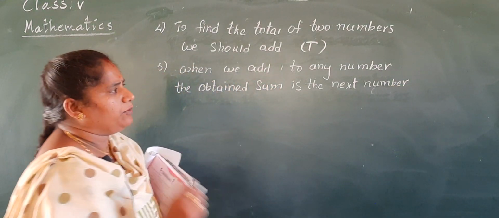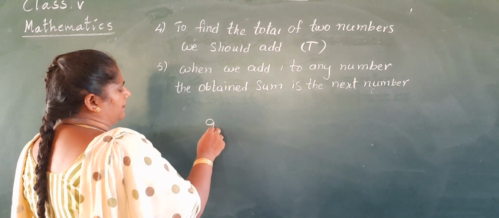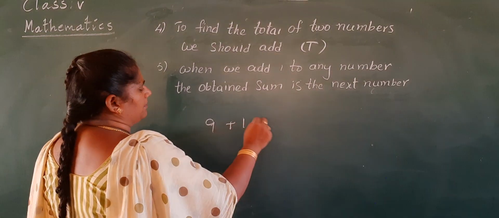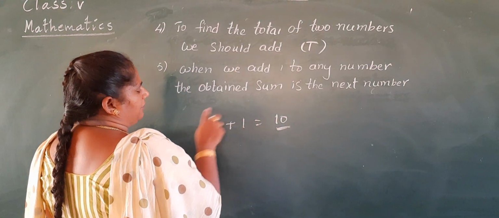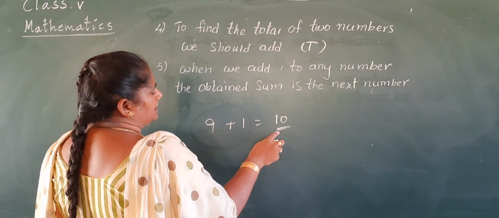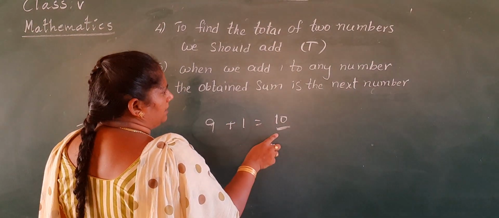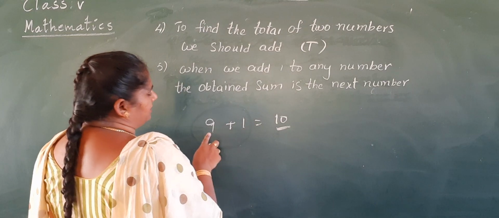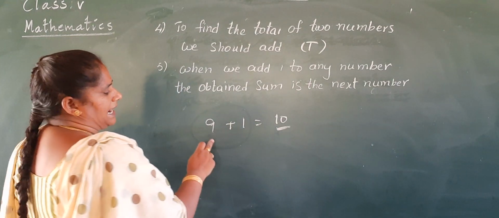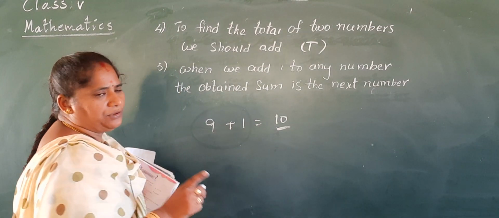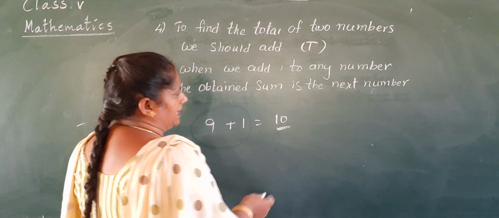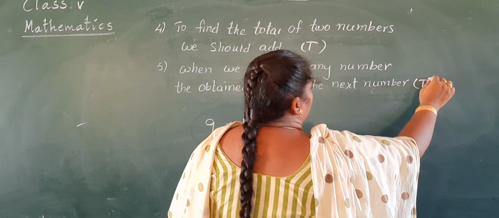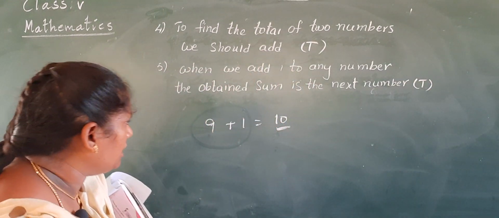See, Nana, if you add 1 to any number, let us take 9. If you add 1 to this number, we will get next number only. The sum obtained. That means after the addition, this is called sum. The sum is the next number of this 9, isn't it? So 9 plus 1, 10. If you add 1 to any number, we get the next number of the given number. Yes, this statement is true. Is it clear to you, children?